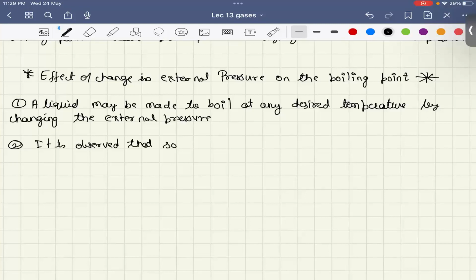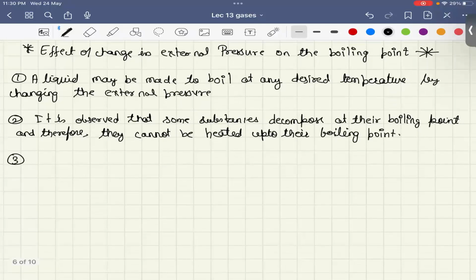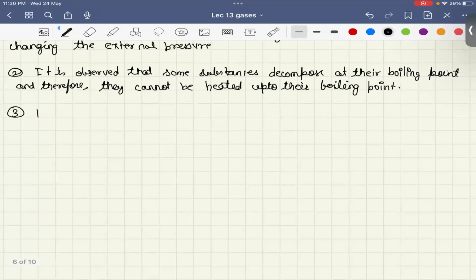It is observed that some substances decompose at their boiling points and therefore they cannot be heated up to their boiling points, right? They are made to boil at reduced pressure.